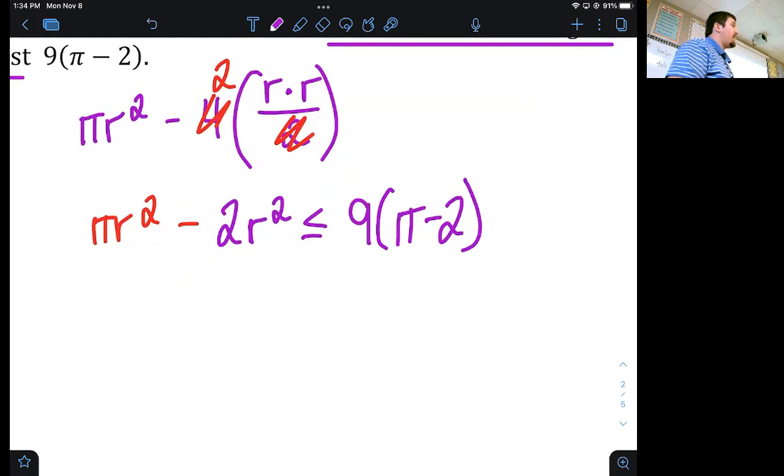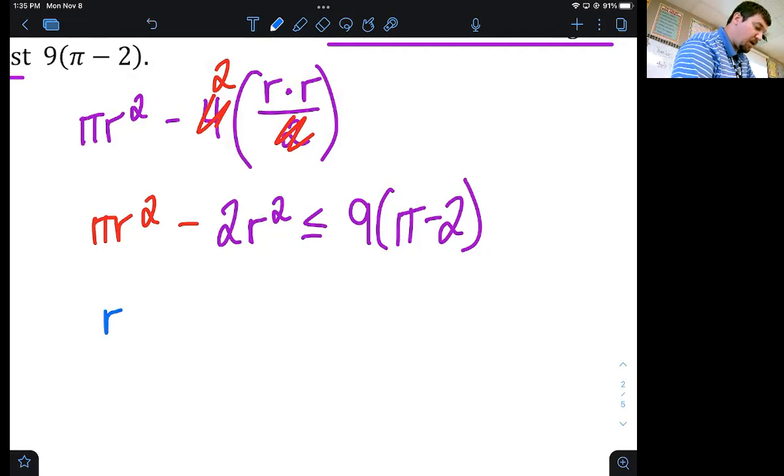Now from here, this may not be any better off than what we were, but I'm going to give you a pointer. Do you see how on the right side it says pi minus 2 in parentheses? Don't distribute that. Instead, we're going to do some factoring on the left side. What do both terms on the left side have in common, Xander? R squared.